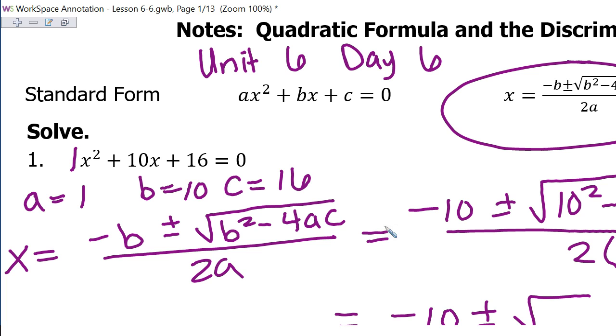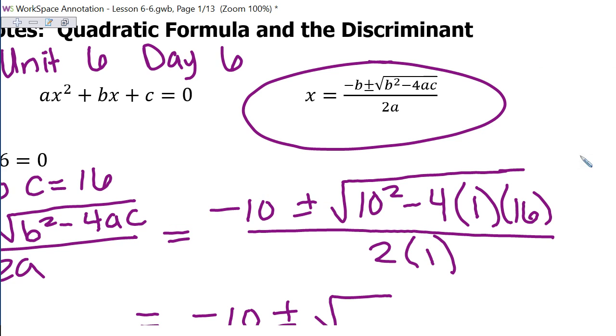Now, when I simplify what's under the radical, start with the exponent. What's 10 squared? 100. I'm just going to do a scratch work over here. So 100 minus, what's 4 times 16? 64.